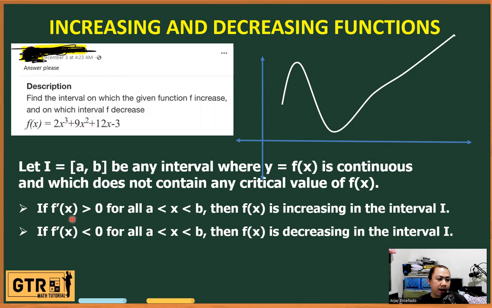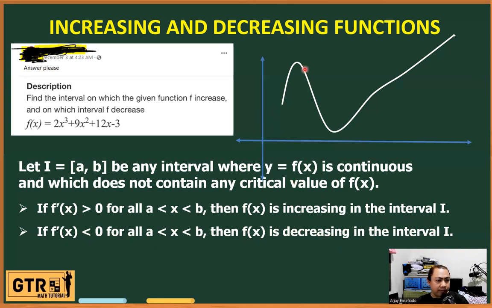If f prime of x is greater than 0, so that means positive, for all a less than x less than b, so that means a to b, then f of x is increasing in the interval I. Then if f prime of x is less than 0 or negative, for all x between a and b, then f of x is decreasing in the interval I.